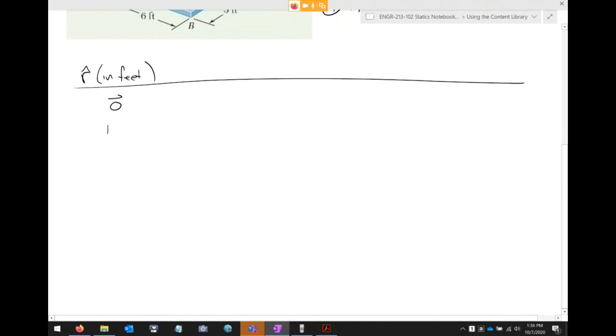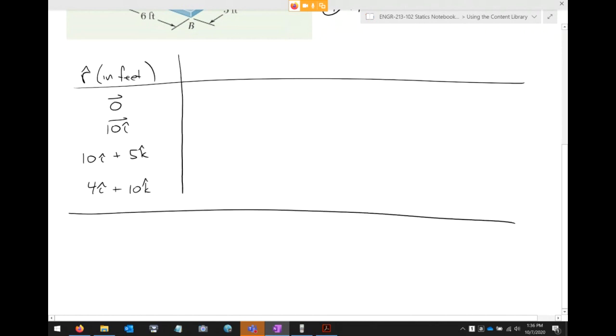Now the way I want to handle this is I'm going to do it like this. So we've got an R vector, and this is going to be in feet. And I'm just going to write out each of my R vectors. So we had the 0 vector, we had 10i, we had 10i plus 5k, and then we had 4i plus 10k.